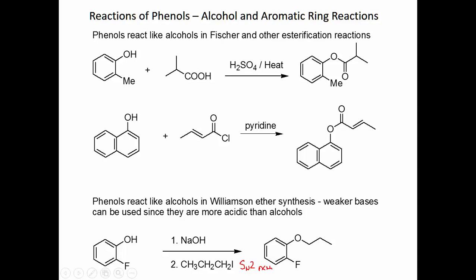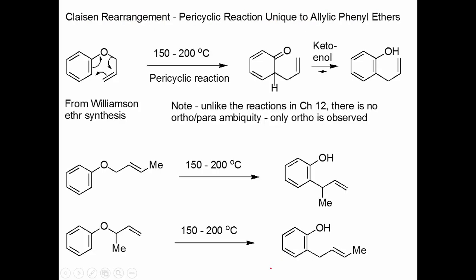Okay, all right, so we also have a new reaction we're going to talk about. This is called the Claisen rearrangement. And if we have an allyl group, like you see here, or any sort of allylic group on oxygen, we can heat the compound to 150 to 200 degrees C, and what's going to happen is that we're going to migrate the allyl group from the oxygen to the ortho position.